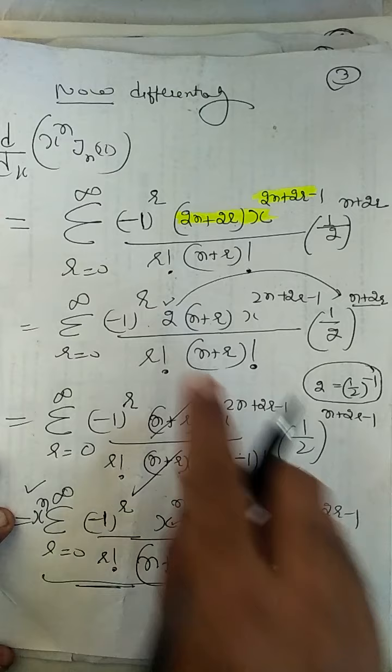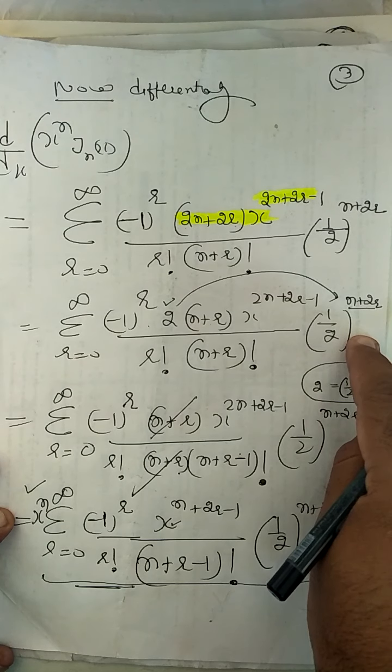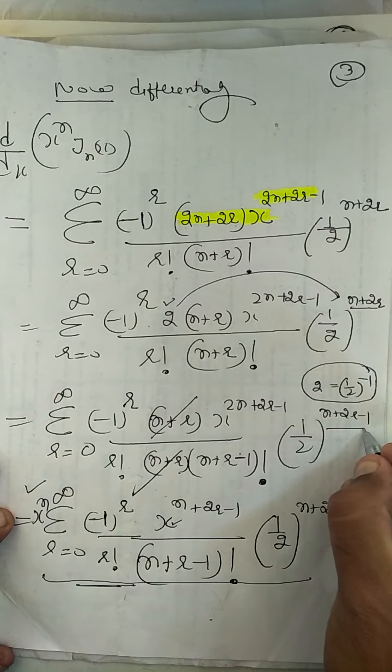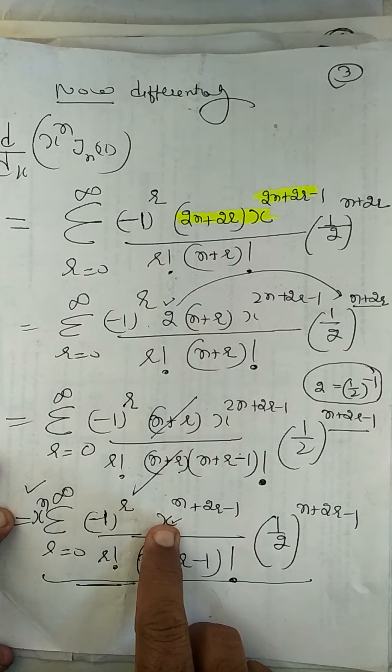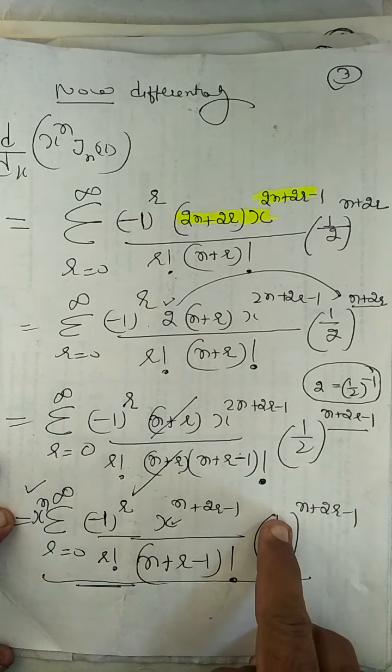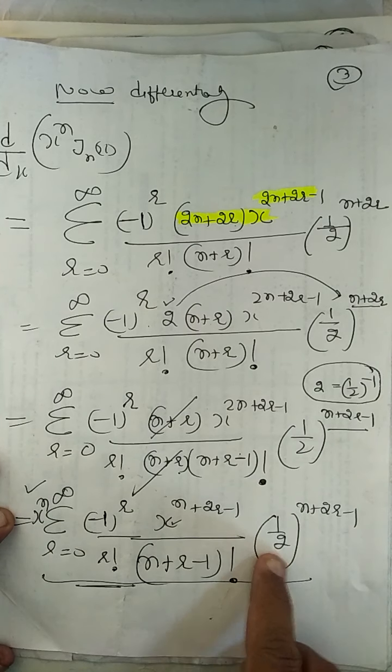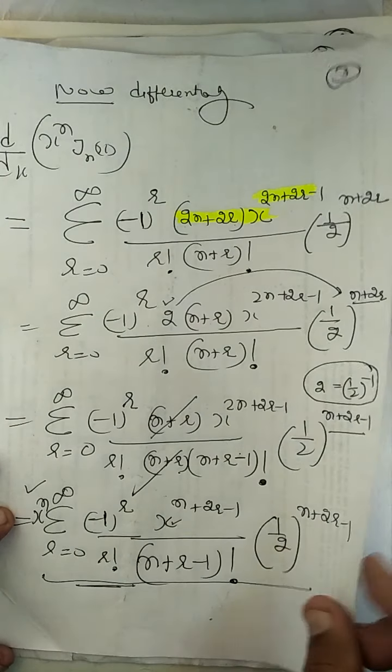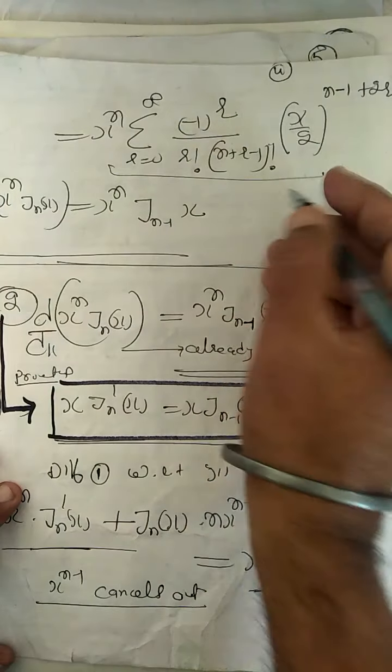So this can be written as this. Now the power of x and the power of 1 by 2 are the same, therefore we can adjust them. So after adjusting we can write this.